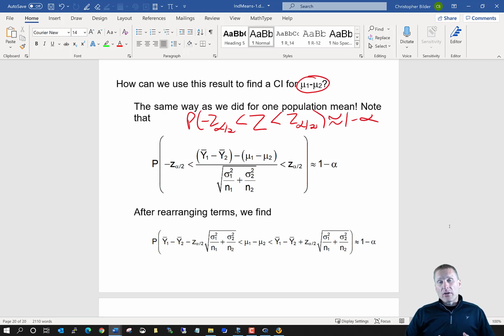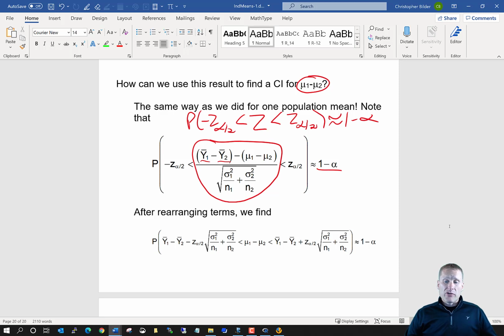Again, we make just the corresponding substitutions. And so what we have then is in this probability, because we're dealing with random variables, y bar 1, y bar 2, we can talk about probabilities. This probability, when you choose the corresponding quantiles from a standard normal, has an approximate probability of 1 minus alpha.